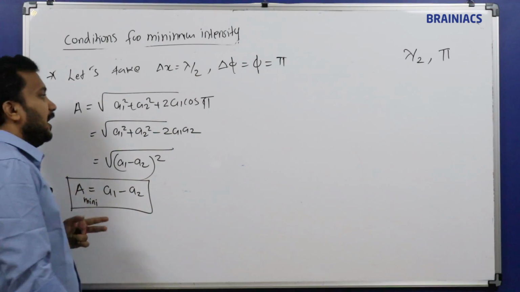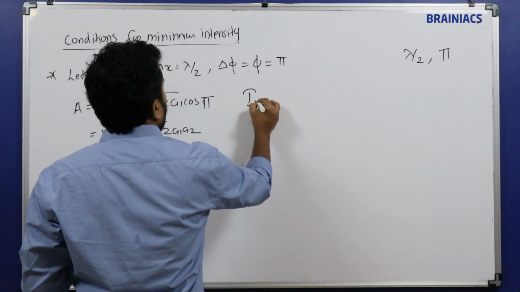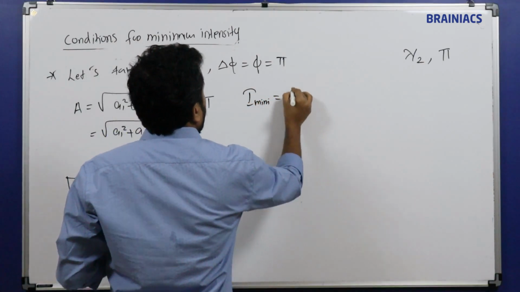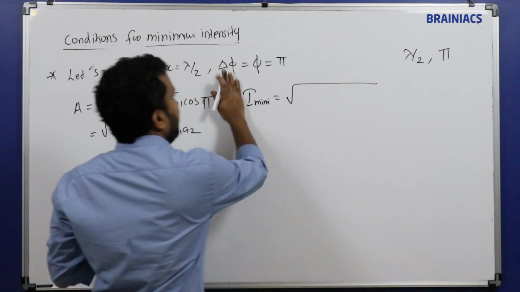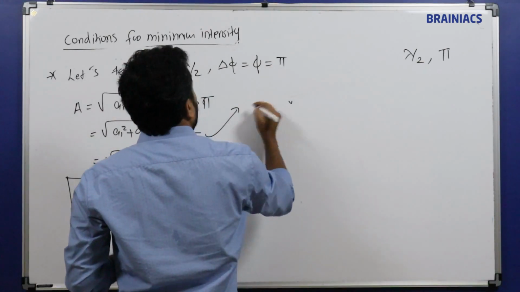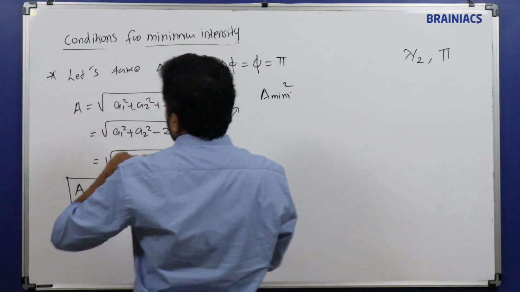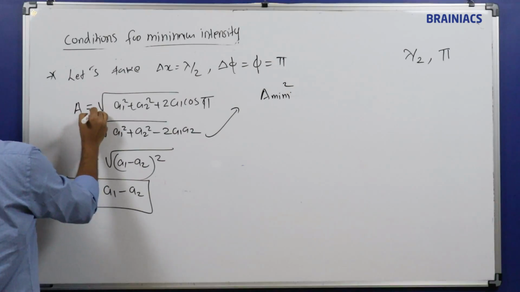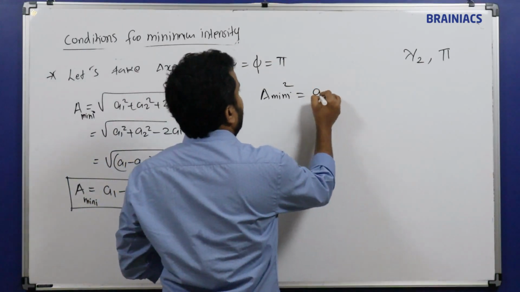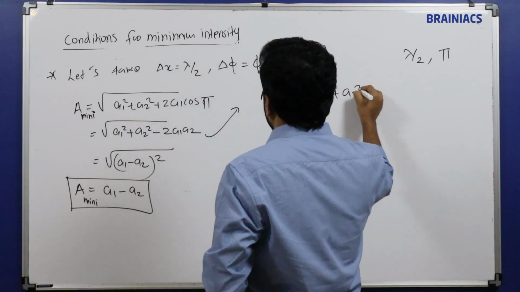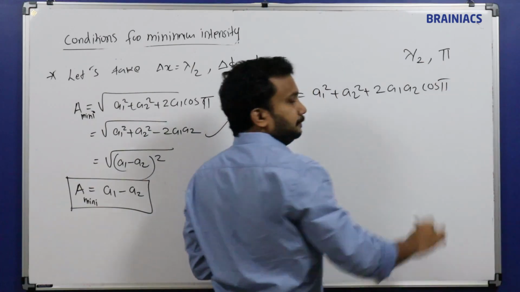And now we have to find I minima. We know this equation. So we have to square it. When we square it, what will you get? A minima square equals a1 square plus a2 square plus 2a1 a2 cos pi.